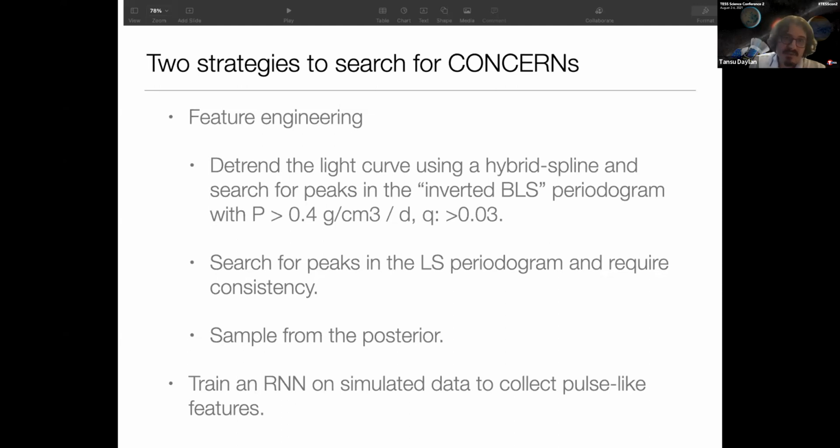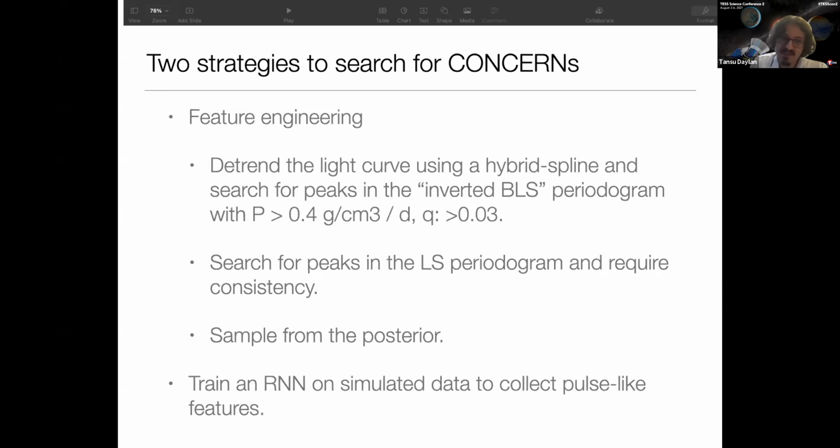So we have two strategies to search for these objects. First, in the TESS data, we generate features by detrending the light curve using a hybrid spline. And then we do inverted BLS, box least squares, and then we basically just trigger on the peaks. And then we look for consistency on the Lomb-Scargle side. We again do the Lomb-Scargle periodogram, and then look for peaks.